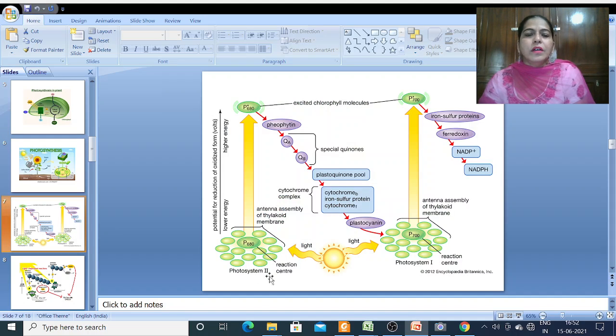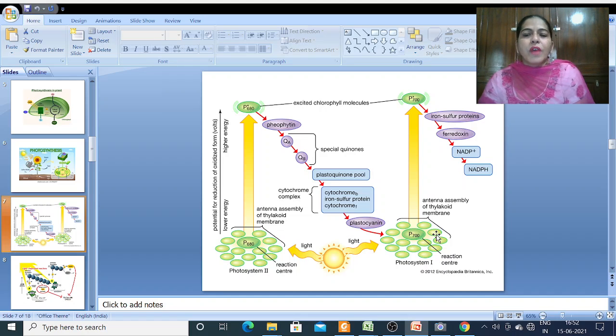First of all, we should know about the photosystems. There are two photosystems in the chloroplast, photosystem 1 and photosystem 2. Photosystem 1 is called photosystem 1 because it was discovered earlier, and the one which was discovered later is called photosystem 2.